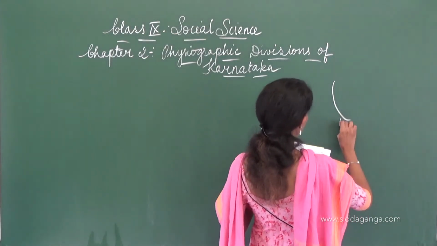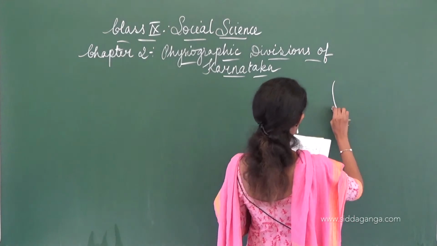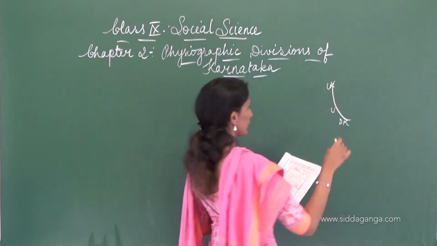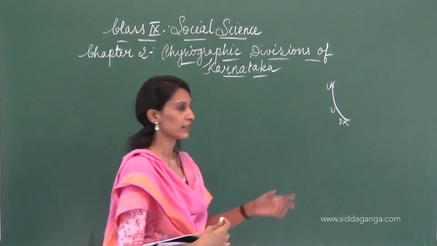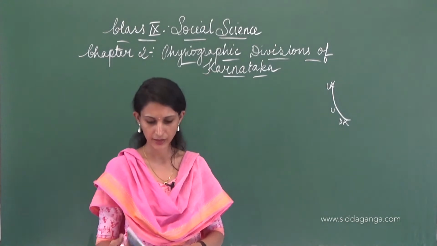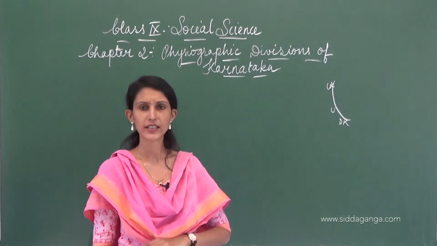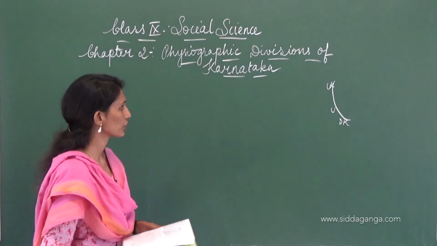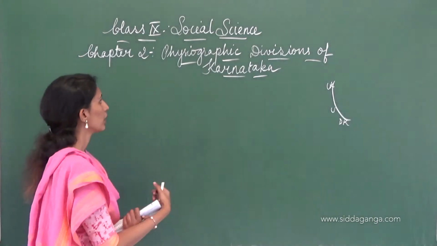Imagine Dakshin Kannada to be here, Udupi is here, and Uttar Kannada is here. These are the coastal plains that are present. Let us get into the introduction and then get into the coastal plain of Karnataka.